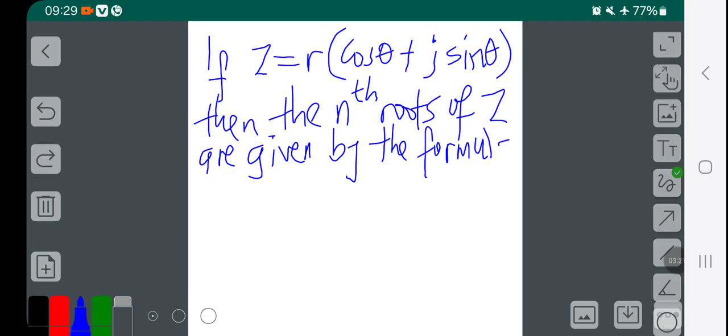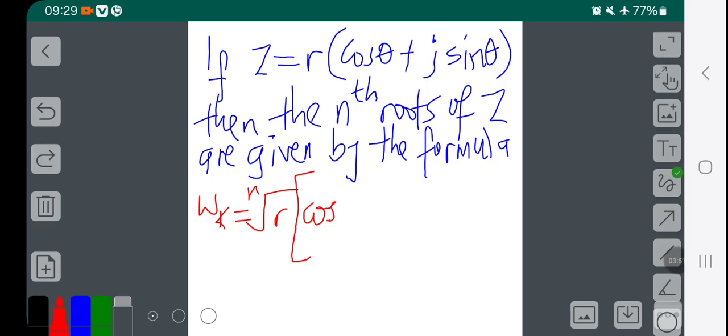So you must know this formula, guys. You need to know how to apply it. Let me use a different color here. It says w_k is equal to the nth root of r, in brackets, cos.